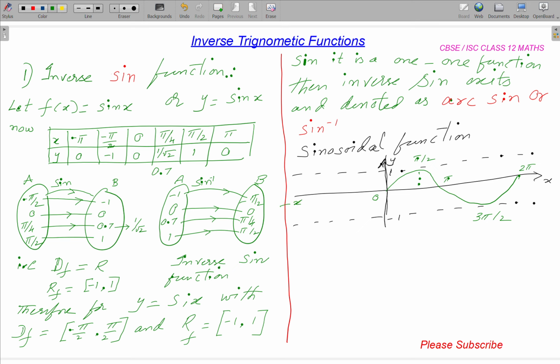Now coming to the negative axis of x. The graph becomes like this.